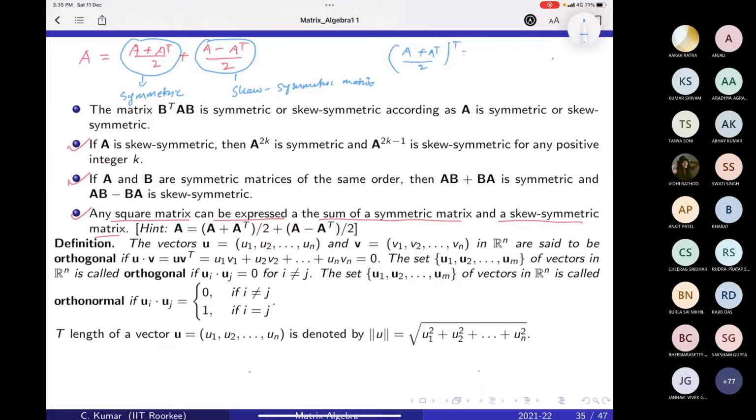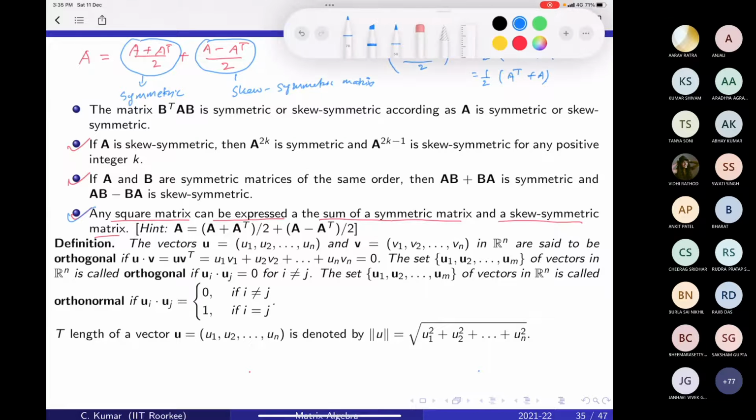You take the transpose of this. 1 by 2 is out. You have A transpose plus the transpose of A transpose, which is equal to 1 by 2 times A transpose plus A. So this shows that A plus A transpose by 2 is a symmetric matrix. And similarly, you can show that A minus A transpose by 2 is a skew symmetric matrix. This is also an easy exercise, the last property.